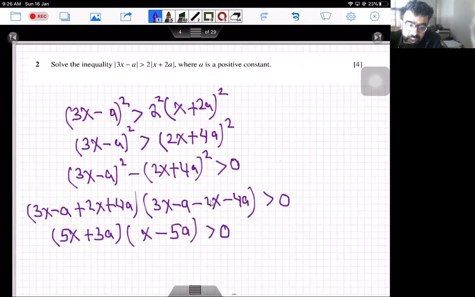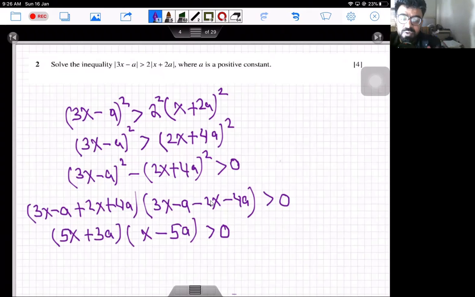Now this is like the factorized form of a quadratic inequality. So instead of completely expanding both sides, you can do it in this simpler way. Much easier approach, much more effective approach.